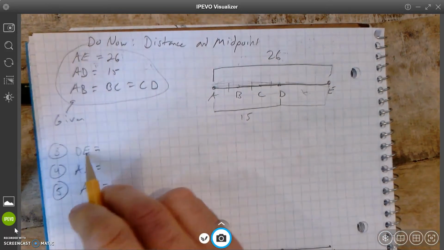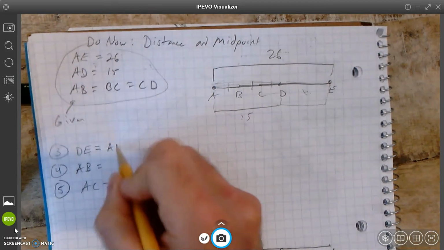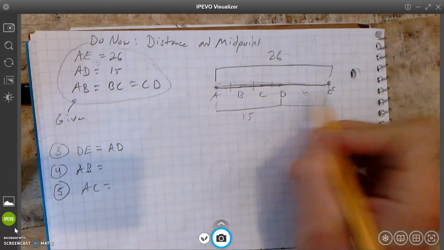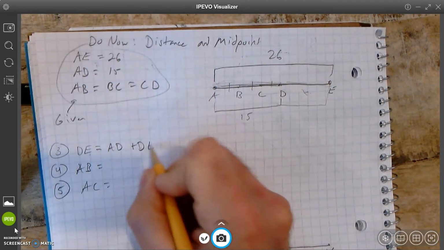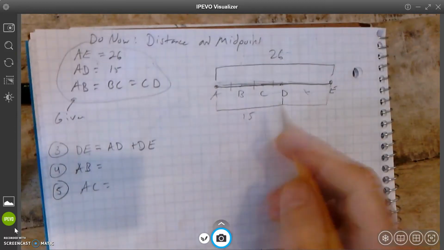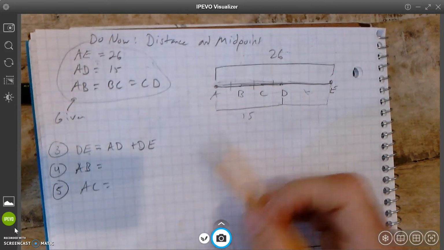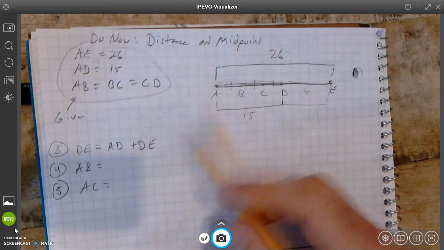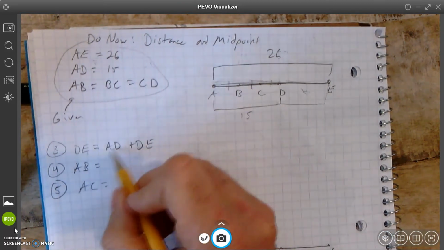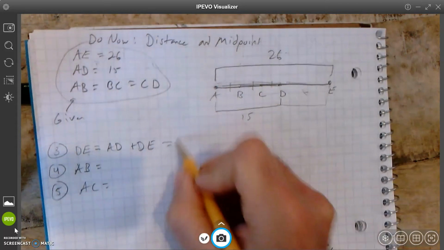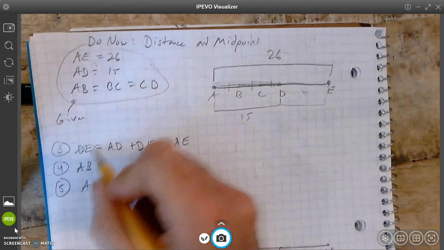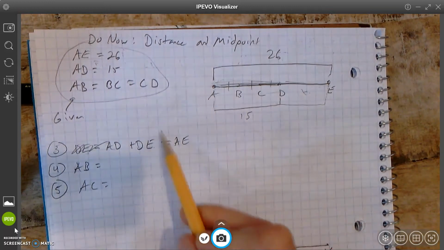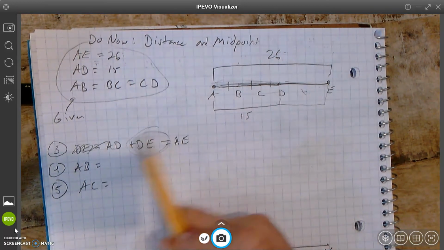So AD, plus DE, equals AE. Now I just plug in, because I can solve for DE, since that's what I want to find out, right?